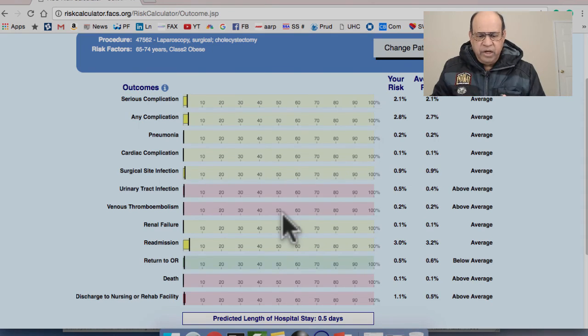As you can see, a patient going for a simple laparoscopic cholecystectomy, the mortality is 1 in 1,000 patients, and perioperative complications are like 2 to 3%, as compared to a patient who is 65 or older, who has hypertension, diabetes, congestive heart failure, who is going for colectomy, who has a 33% chance of having perioperative complications.